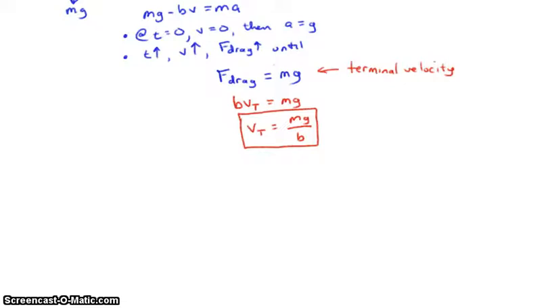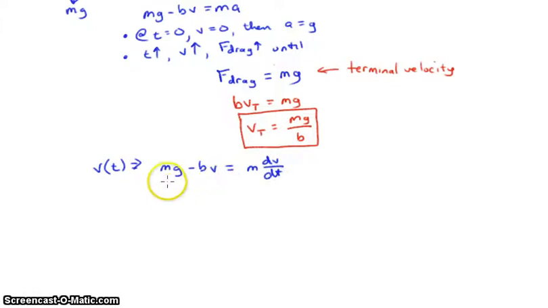Okay, but now we went on. Of course, we did this in a little bit deeper direction. We wanted to look for what velocity with respect to time was, just in a general sense. So in order to find that, we had to solve this differential equation, which I will remind you we wrote as mg minus bv equals m dv/dt.